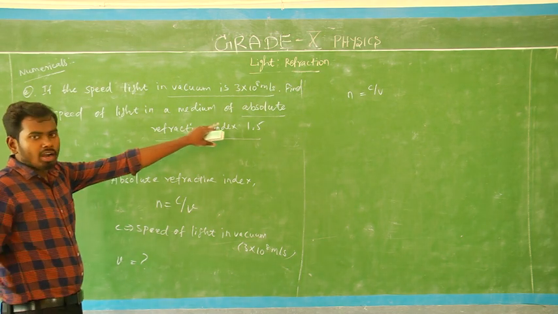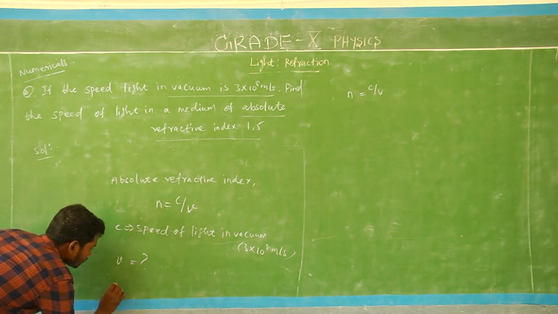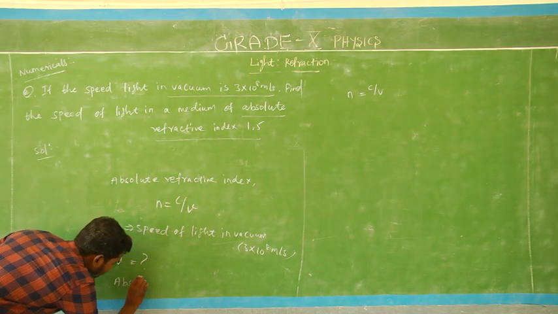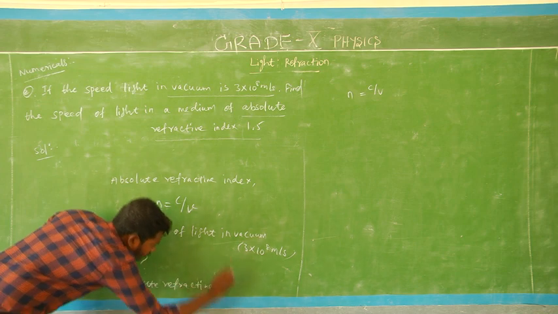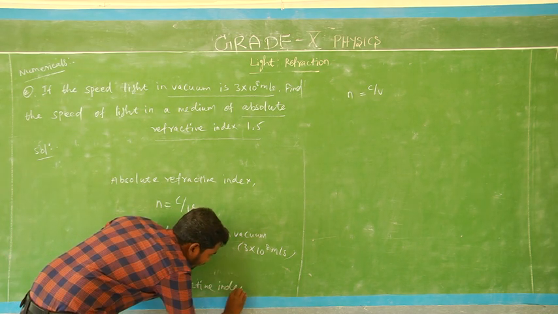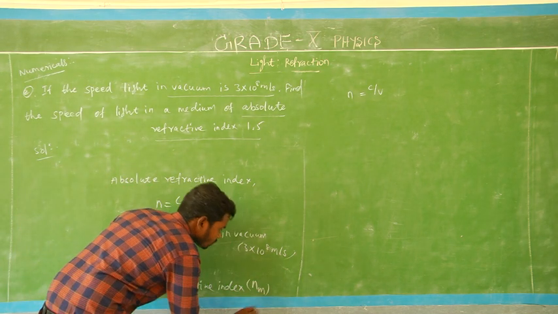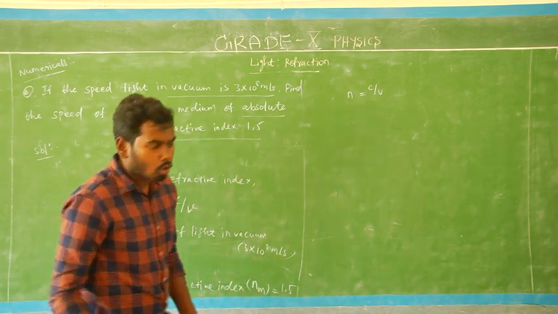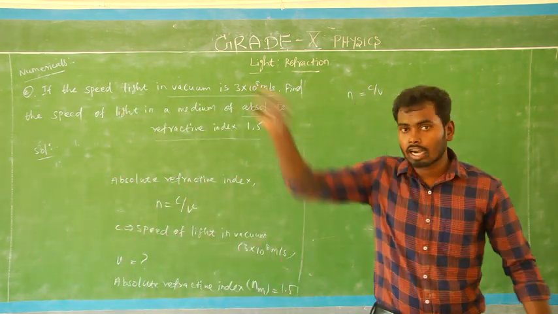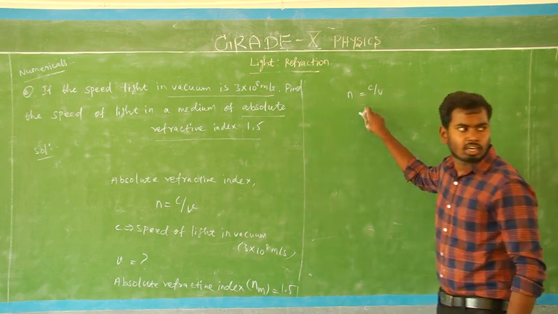The absolute refractive index value, denoted by the symbol n, which is equal to 1.5. So according to the absolute refractive index formula, n is equal to C by V.